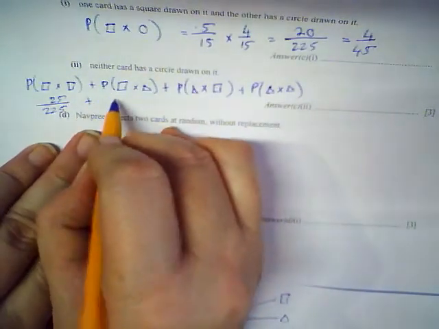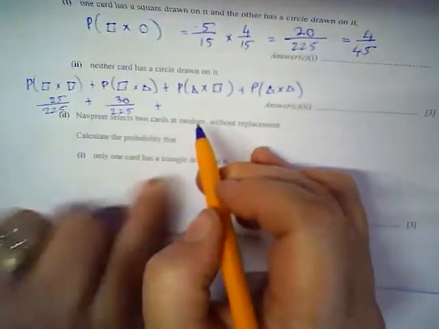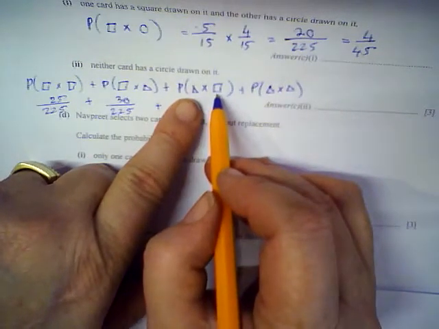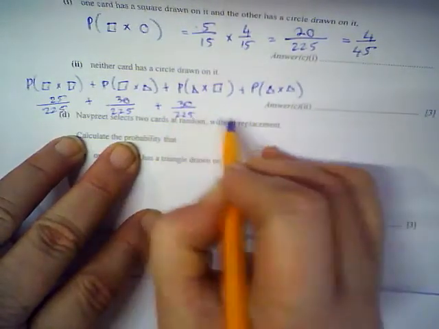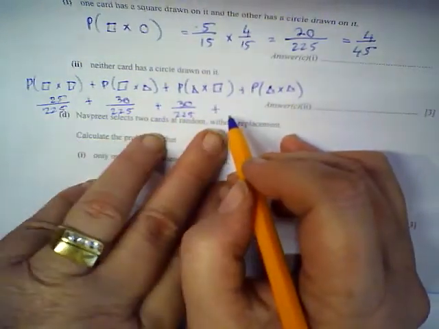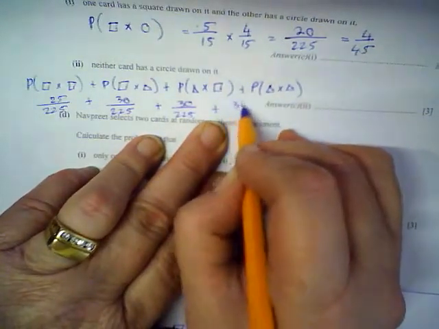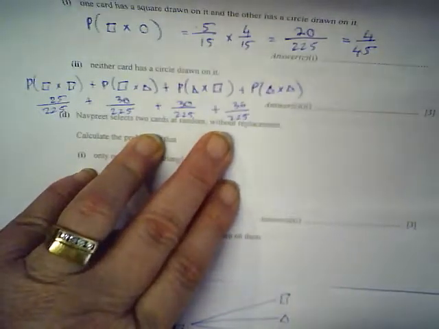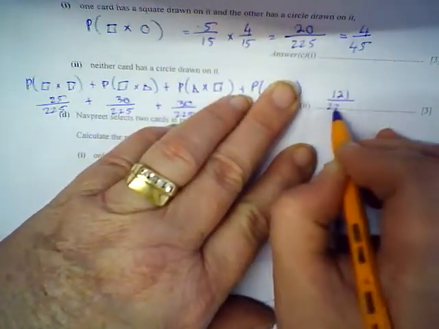That would give me 30 over 225, plus 6 over 15 times 5 over 15, that would give me 30 over 225, plus triangle and triangle, that is 6 over 15 times 6 over 15, so 36 over 225. I do the calculation, I add them all up, I get 121 over 225. Okay, and that would be the answer.